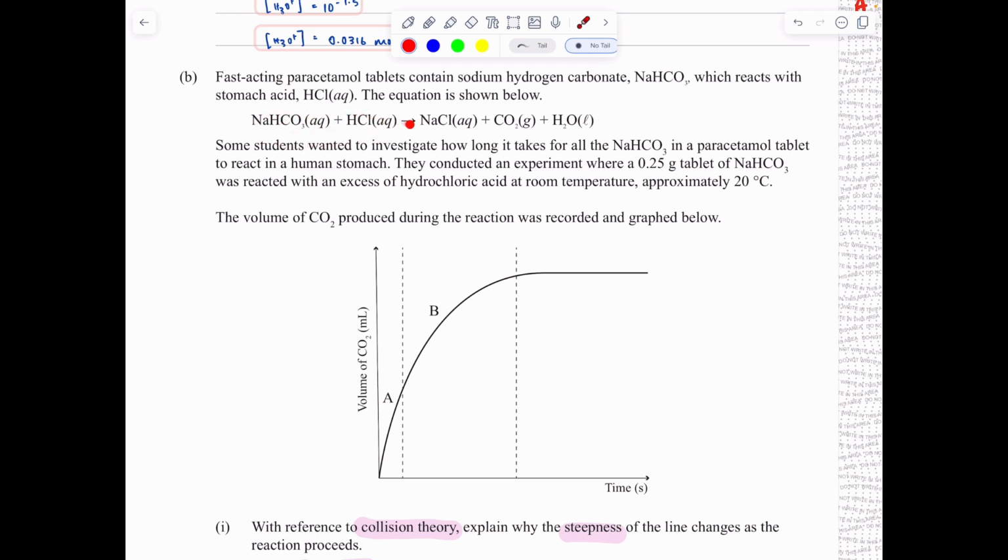As the reaction goes on, that concentration decreases because these reactants have collided to form products. So there are less available reactants to collide with to form the products, which means the rate of reaction actually slows down, in comparison to the start of the reaction. And then right at the end, it levels out because all of those reactants have collided to form products, and that's the end of the reaction.